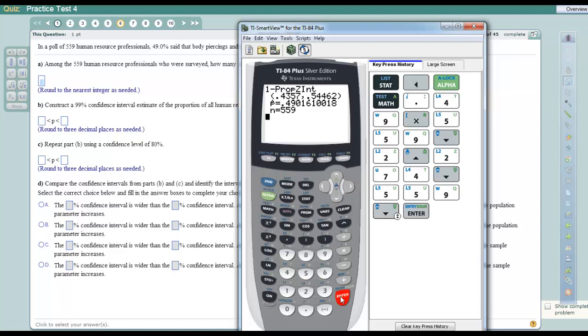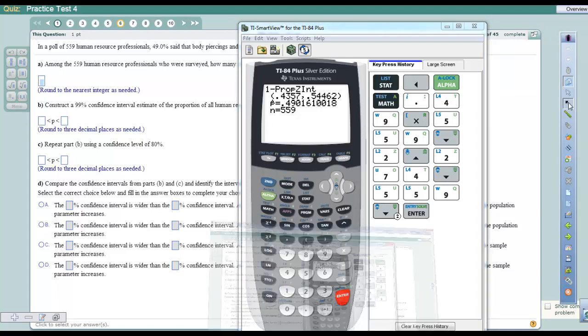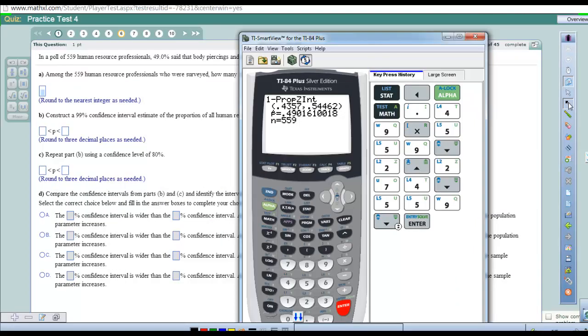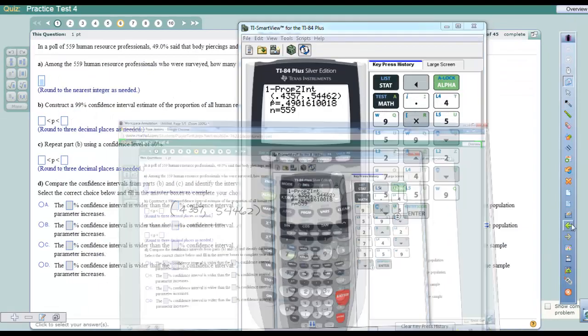Okay, we're going to calculate. So we get 0.4357 to 0.54462. Okay.